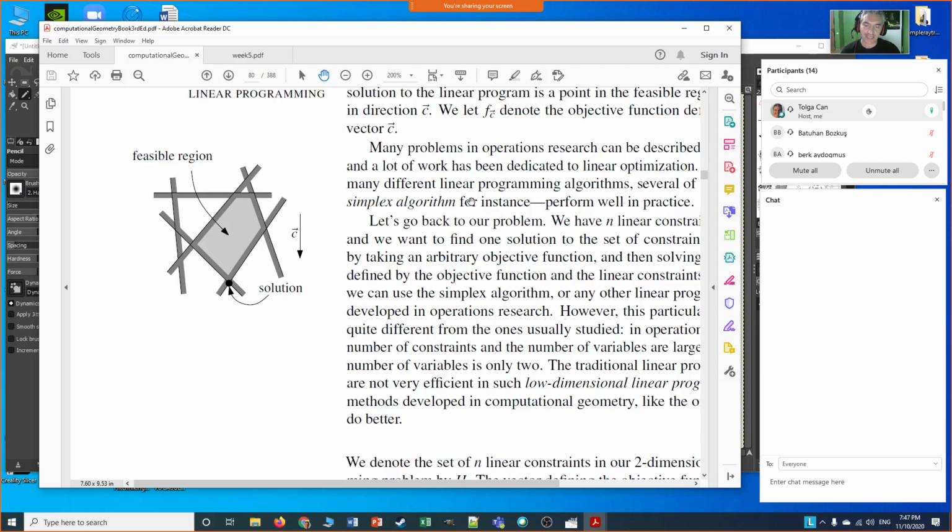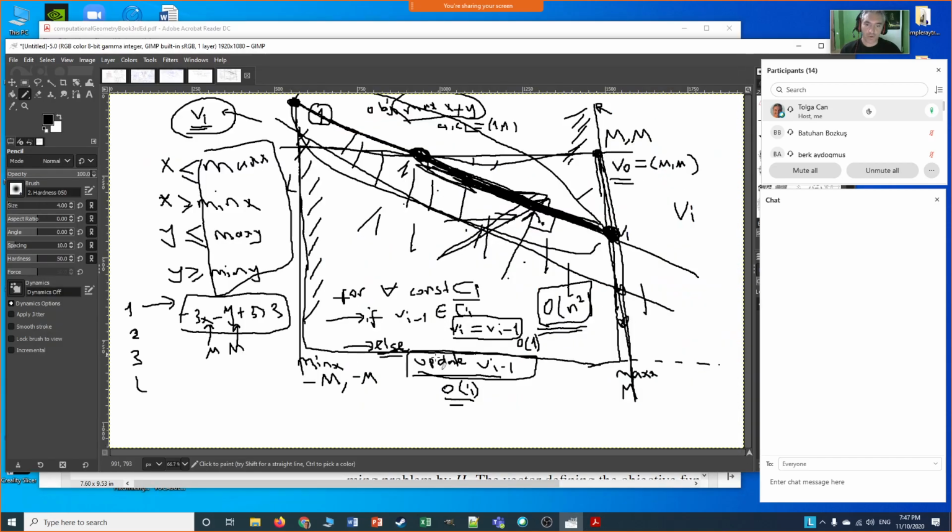So this basically tells us that the probability that you're going to go into this else part of the algorithm is equal to 1 over i. As the algorithm progresses and the number of iterations increases, if you come to the 500th iteration, the probability that you will go into the else part, and need to update the current extreme vertex, is very low, 1 over 500.